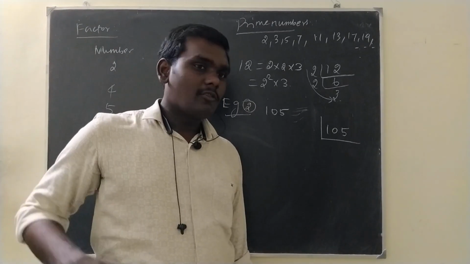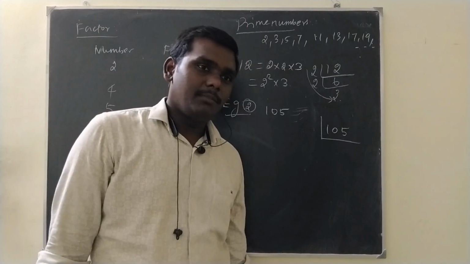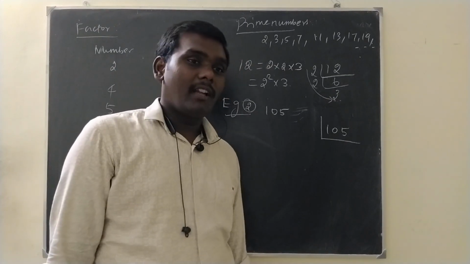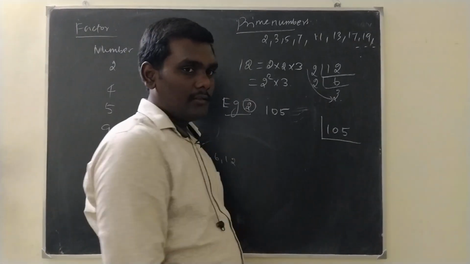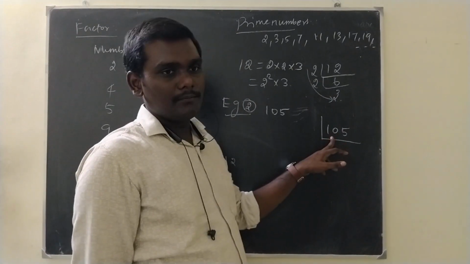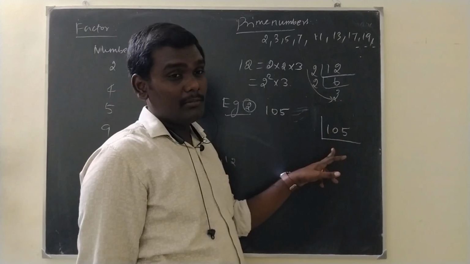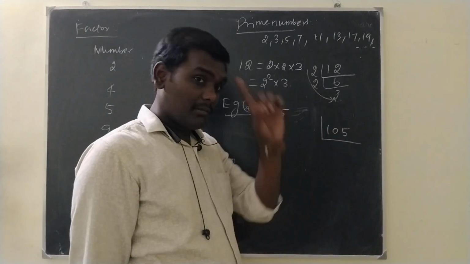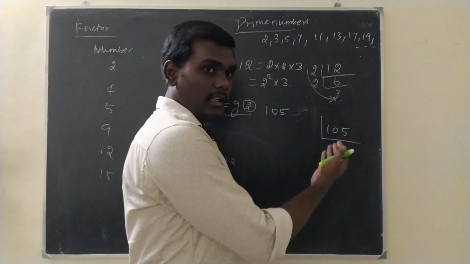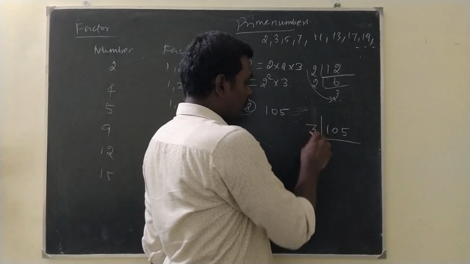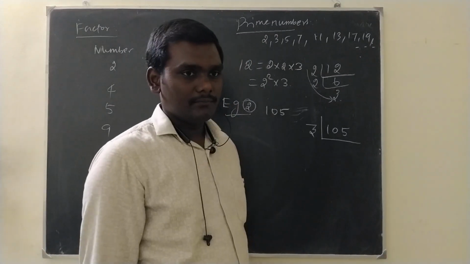You can start with 5 also, not a problem, but as per the concept, we should begin with the least prime factor. So check whether this number is divisible by 2 or not. No, it is not. 3, will it be divisible? Divisibility rules we studied, remember? So 3 it can be divisible. We will use 3 first, not 5.